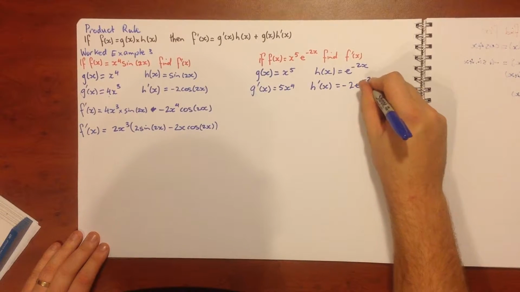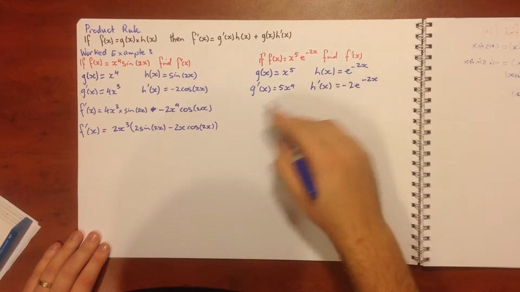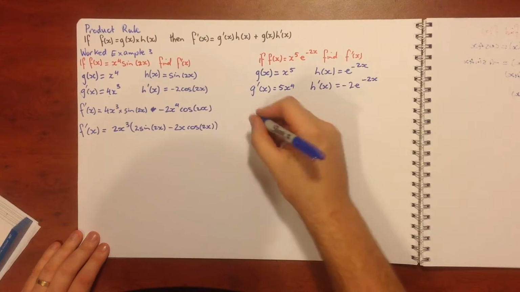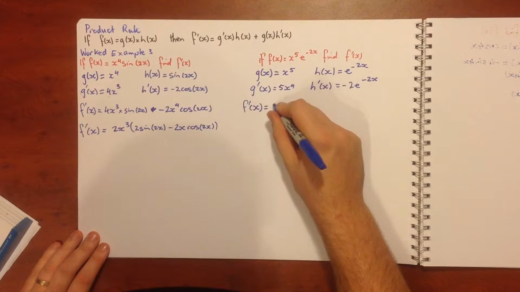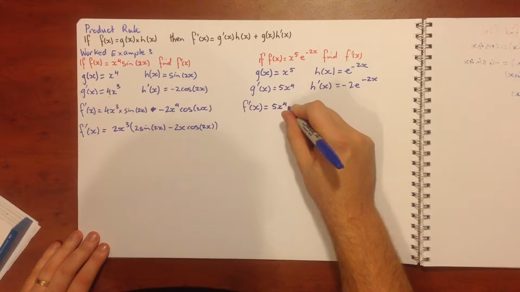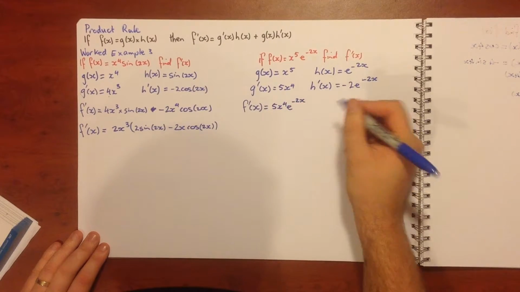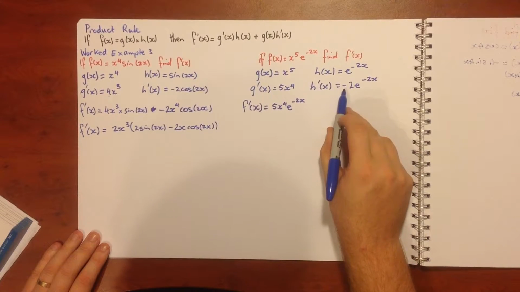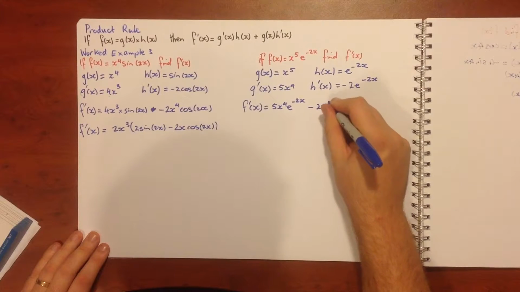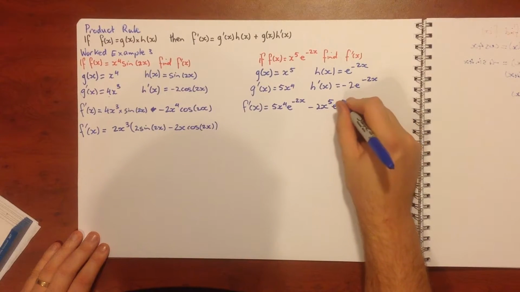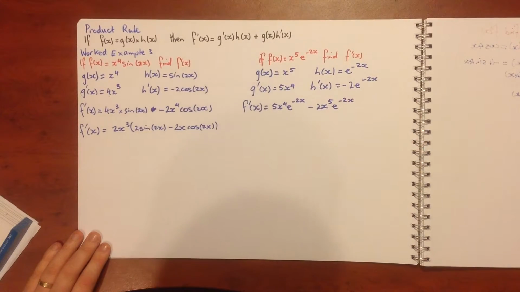Okay, and again we can build it up and say that we've got f dash of x equals 5x to the 4 e to the minus 2x, and again we've ended up with a subtraction, so we say minus 2x to the 5 e to the minus 2x.